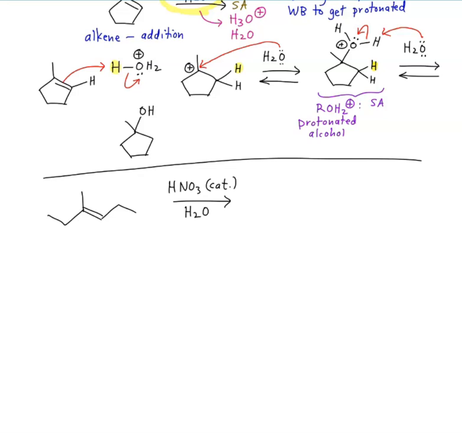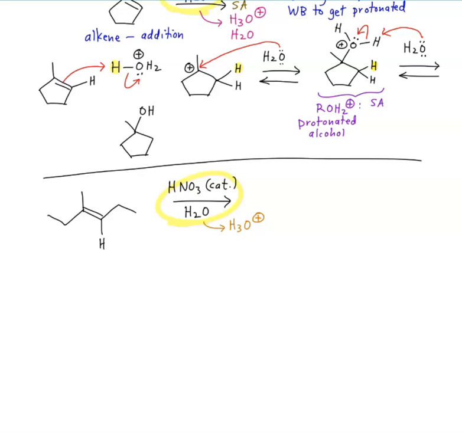Because it's an alkene, you know it's going to undergo an addition reaction. And that's in the presence of nitric acid, which you know is a strong acid, and water. So the first thing is that a strong acid in water is H3O plus. So that's how you would interpret that.